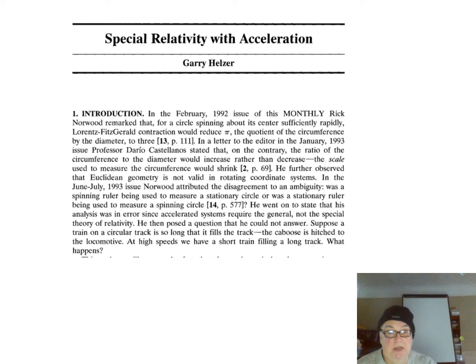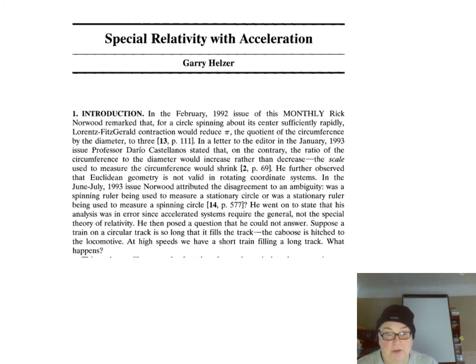In a letter to the editor in the January 1993 issue, Professor Castellos stated that, on the contrary, the ratio of the circumference to the diameter would increase rather than decrease. The scale used to measure the circumference would shrink.